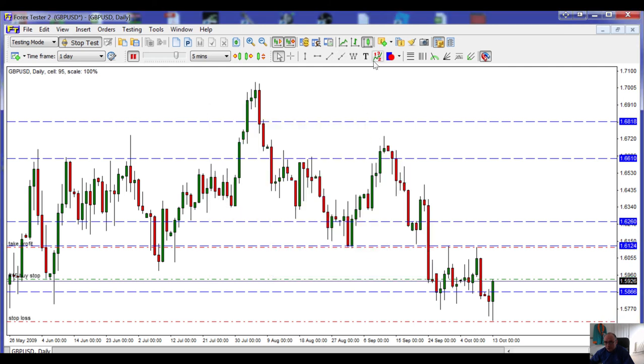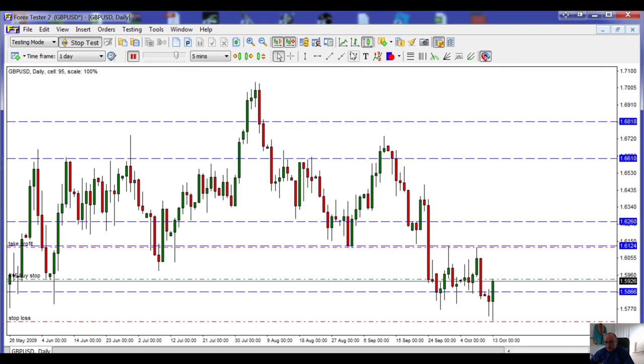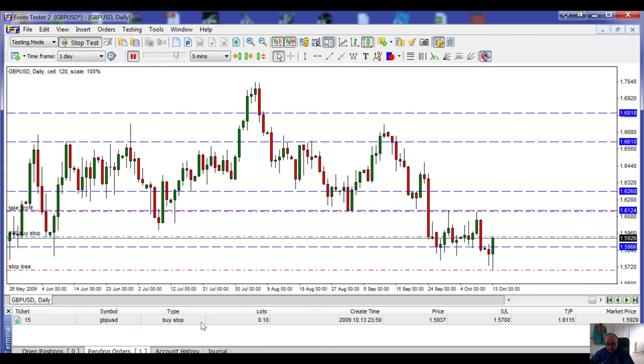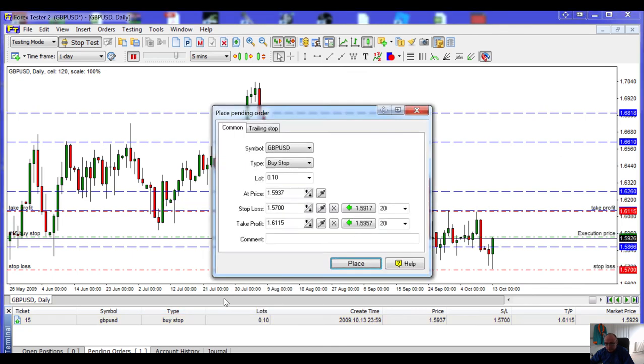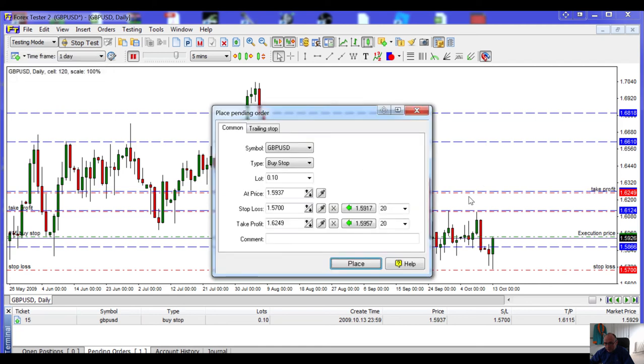So we'll put that in there as well. Now we could enter this trade with two exits. So we'll do that now. Let's pull up that order. Just going to duplicate that order. And now put a take profit target at the second take profit target, which is the next level of resistance to the upside.